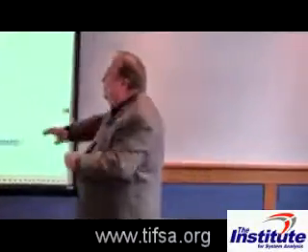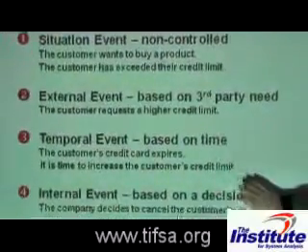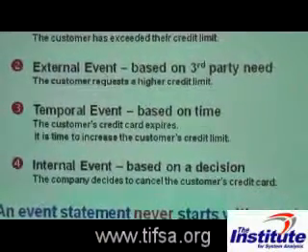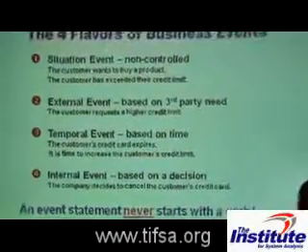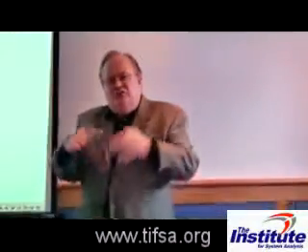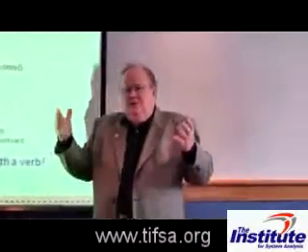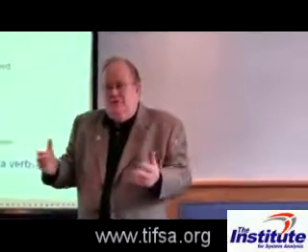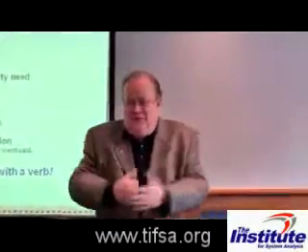Okay. We have external events based on third-party needs, what we call temporal events, and internal events based on a decision. Let me give you a couple of examples. Let's say that you're working for a company that manages credit cards, Visa or American Express or MasterCard. And we all have something like that, so we can relate to it fairly easily.